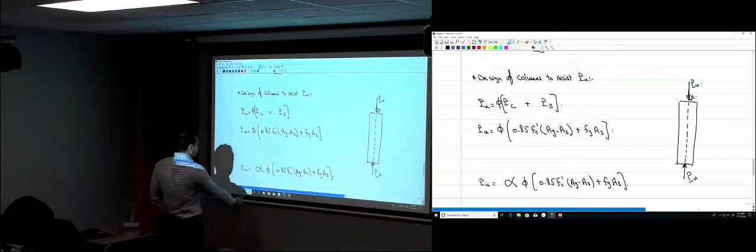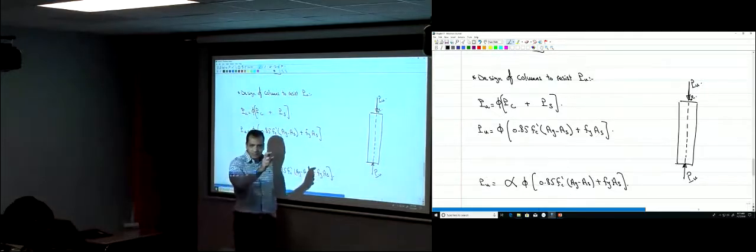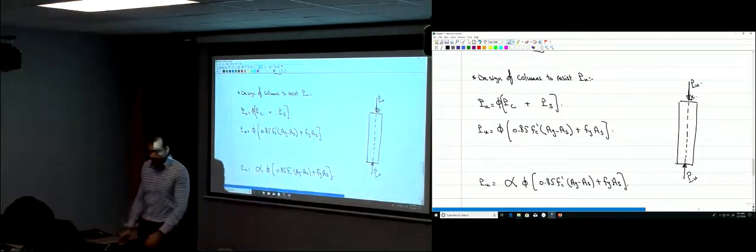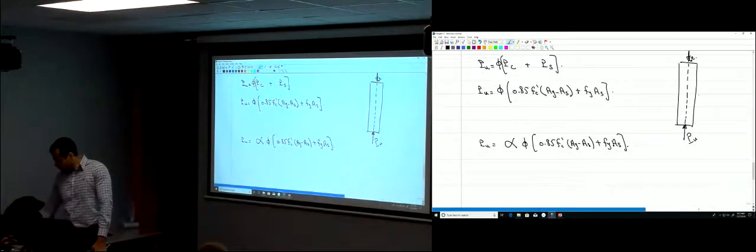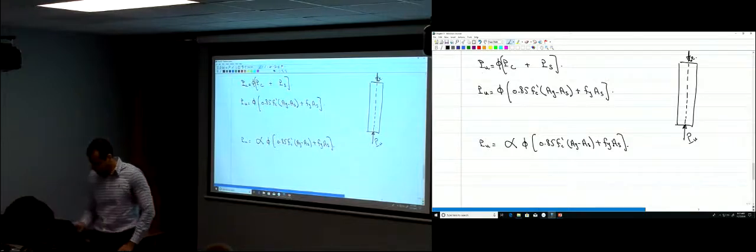So this factor alpha is just to account for any accidental eccentricity that might happen, okay? So alpha is to, you know, account for that accidental eccentricity.